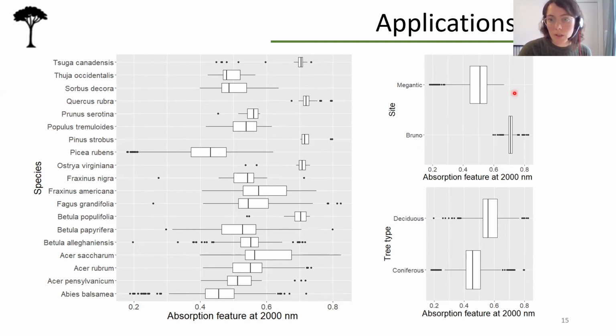And when we have a look at this plot, distinguishing the absorption feature of all the tree crowns between the two sites, we see a significant difference, and this might be influenced by the fact that at Mont Mégantic there are more coniferous crowns. And when we distinguish between the two tree types, we can definitely see also a difference here, which is in line with the literature.